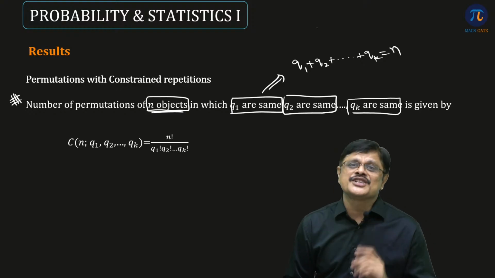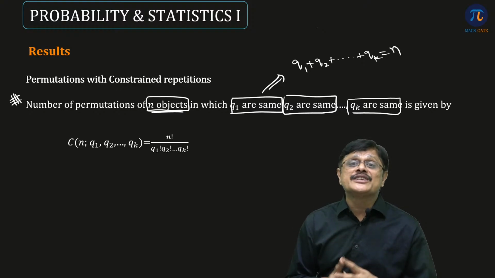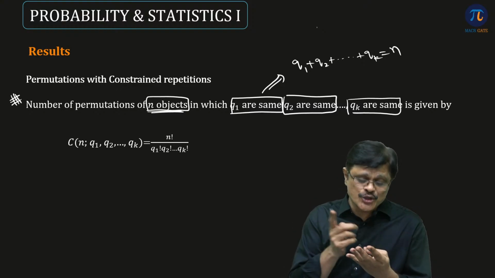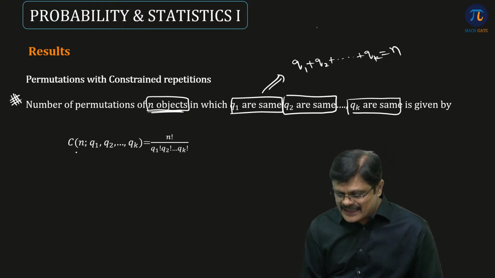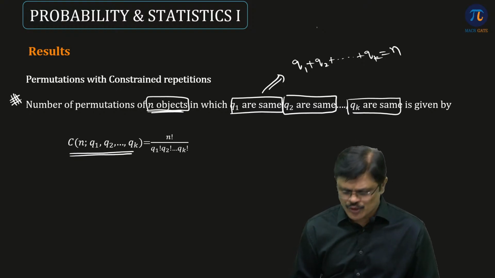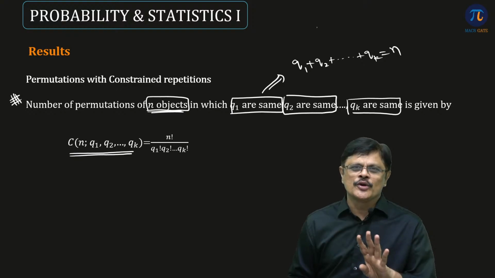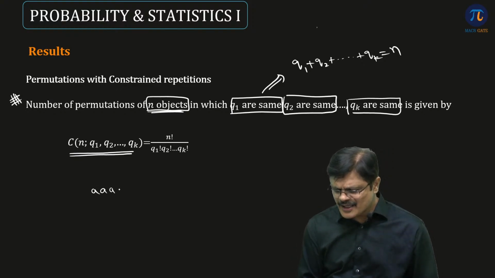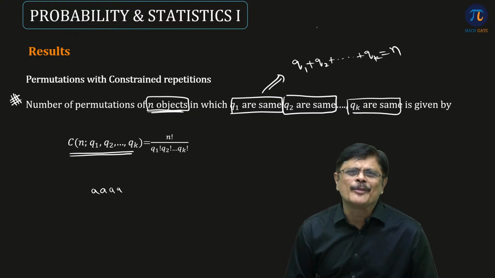So if that is the situation, the number of arrangements of these n objects, how many ways you can arrange these n objects in which q1 are same, q2 are same, and so on, qk are same. We generally denote it like this. It's a kind of combinatorial problem. Suppose we are having 4 A's, how many ways can you arrange them?